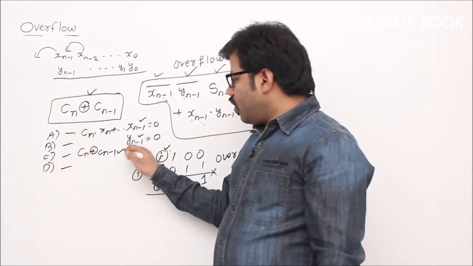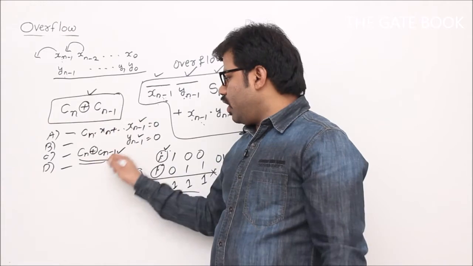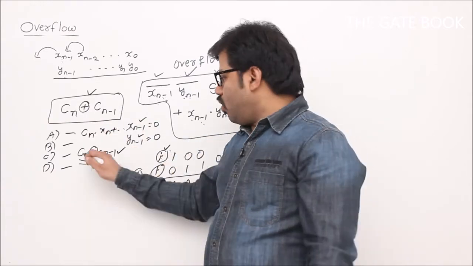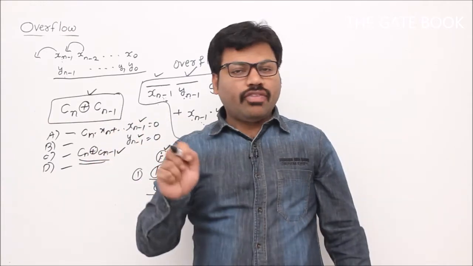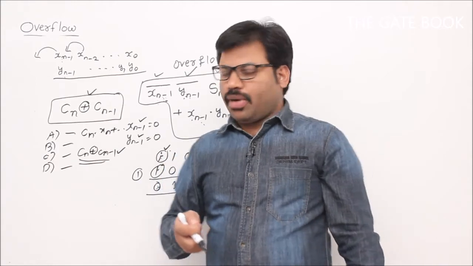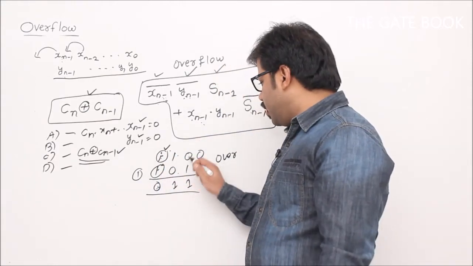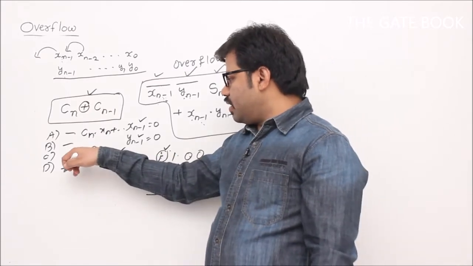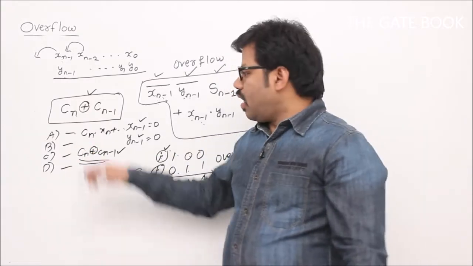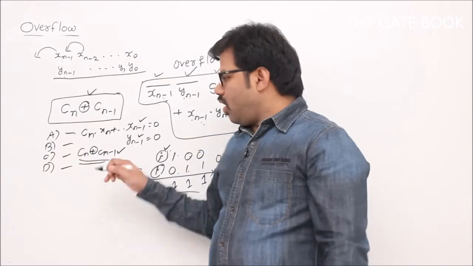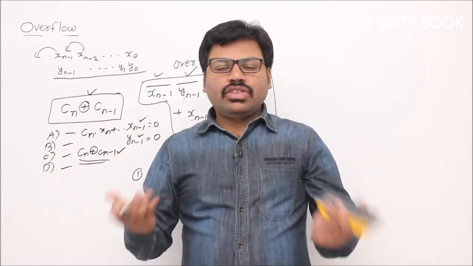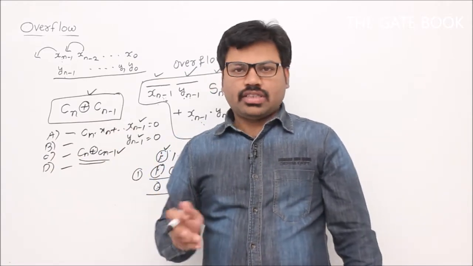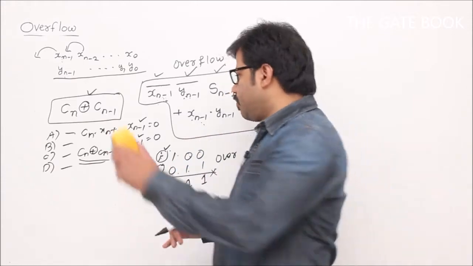If it really is an overflow condition, then that overflow equation should become 1 whenever there is an overflow. By substituting these random examples, like take some 4-bit numbers and substitute what is Cn, what is C(n-1) in all the options, and other variable values also. Whichever gives you 1, that is the overflow condition. Don't worry, I will explain with one example.